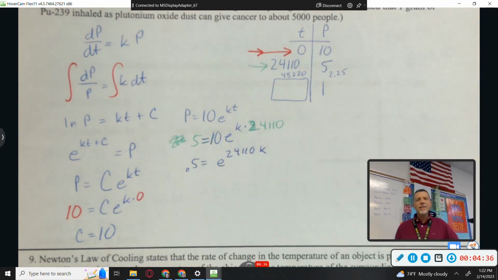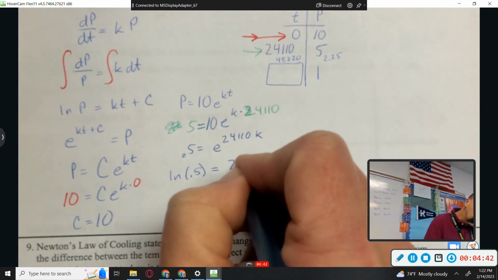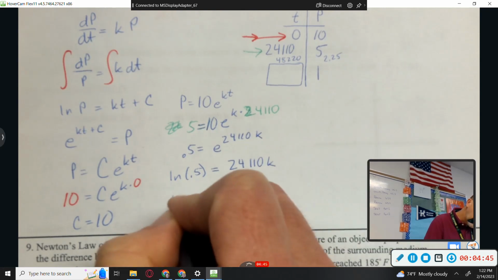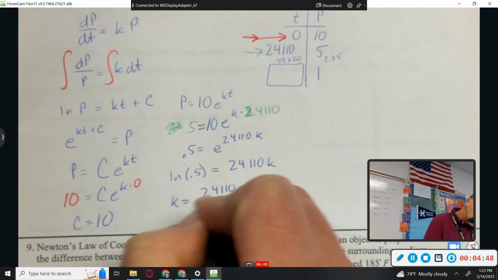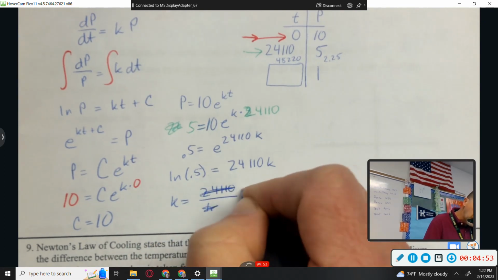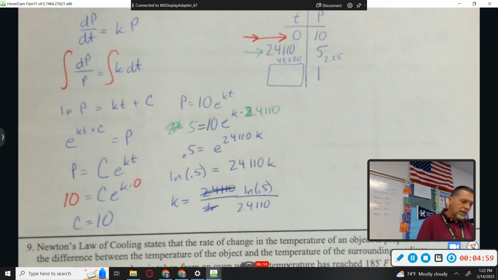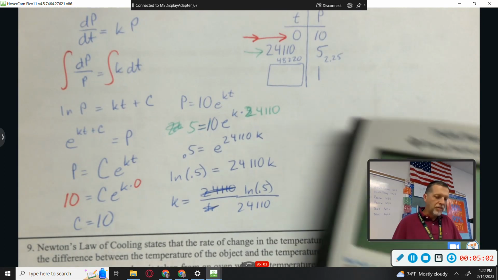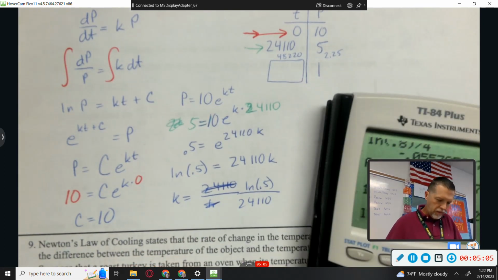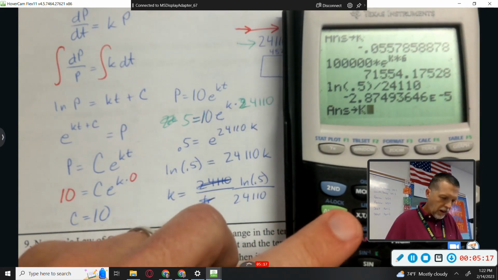Natural log 0.5 equals 24,110k, which means K equals natural log 0.5 divided by 24,110. I'm not even going to write down what that is. I'm going to find it and save it, but it's probably going to be too ugly to worry about. Store that as K.